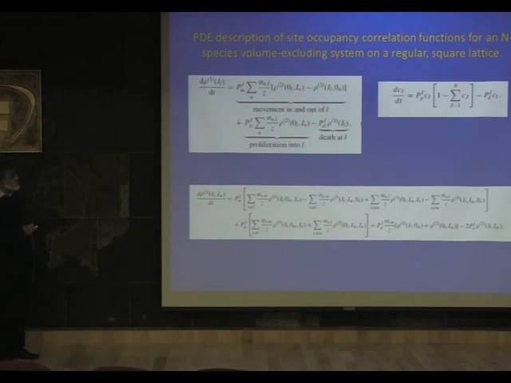Well, it's the probability that site L had nothing in it, but its neighbor had one cell in it, and that one moved to there, minus the probability that the species was present in it, but it moved to the neighbor because the neighbor was free, plus the probability that the neighbor divided and moved into here, minus the probability that the cell died. So you see here, if we want to work out the probability density of one lattice site, we have to look at pairs of lattice sites.